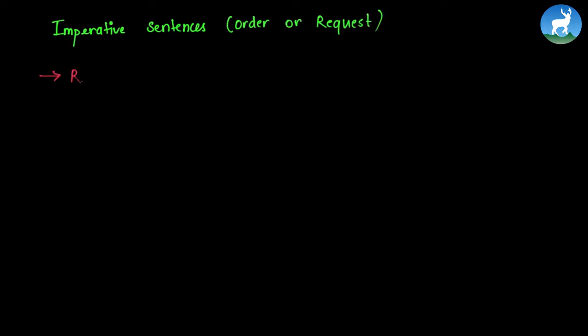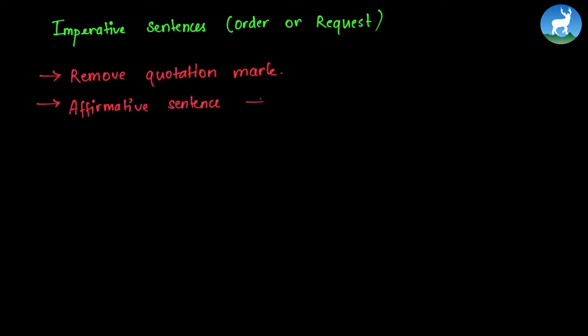Now we will see rules while changing direct form of imperative sentence to indirect form. Also here, in the first place, we remove the quotation marks. An affirmative sentence is reported using to. If the sentence contains don't, it is changed to not to.